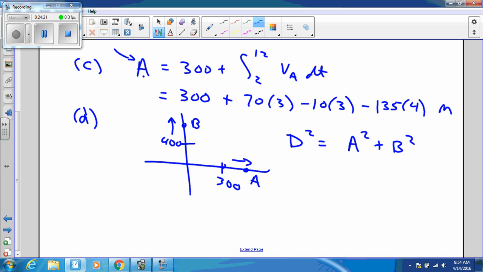Also, as a bit of cultural literacy, it is a little bit easier to find the rate using distance squared than it is to find the rate using distance. Slightly. Okay. Now, how can I represent A? Well, I've already represented A. A is 300 plus the integral from 2 to t of velocity.